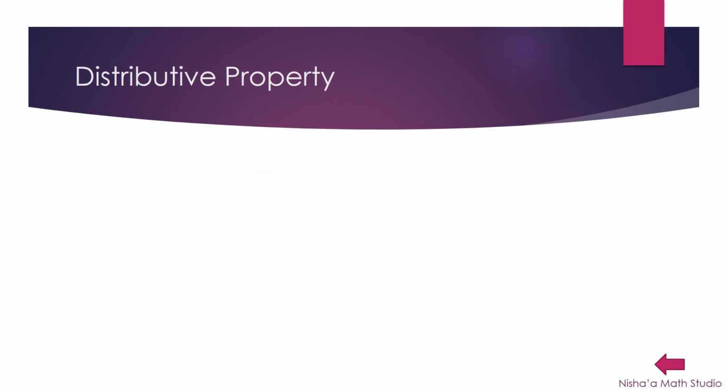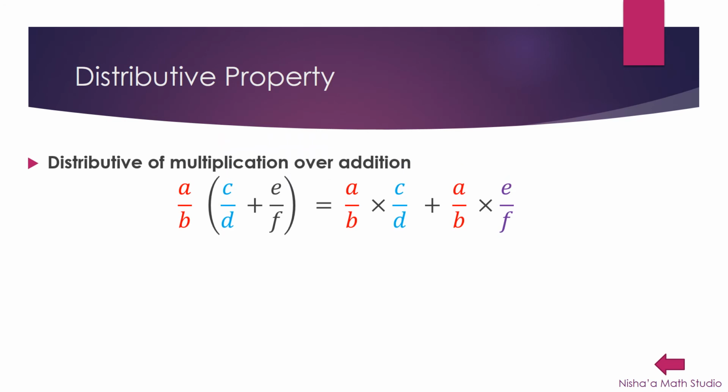Now it's distributive property. In the distributive property of multiplication over addition, what does this mean? Here if you observe, you have C by D plus E by F inside the bracket and outside the bracket you have A by B. Remember there is no arithmetic operator here.